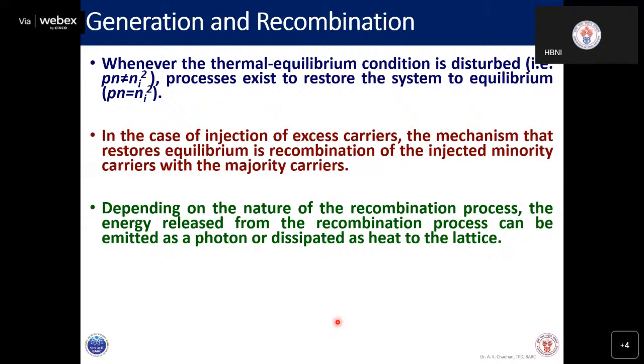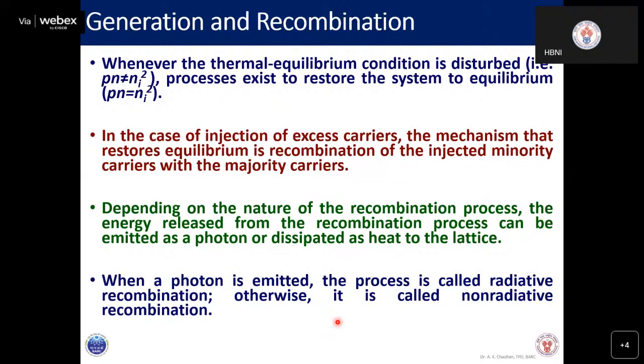If the recombination is taking place and the energy release is in the milli electron volt range, in that case it will be a phonon emission or heat emission. And if the energy is very high, in a few electron volts, in that case it will be in the form of a photon.